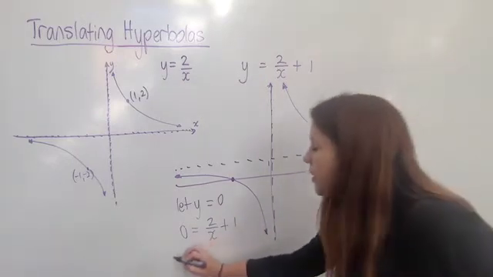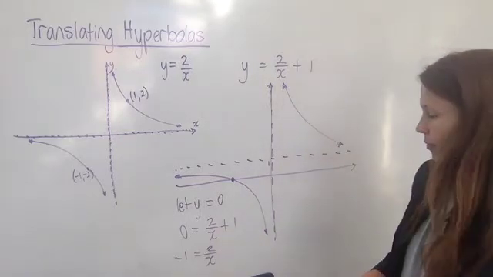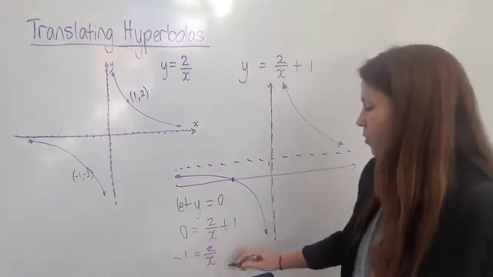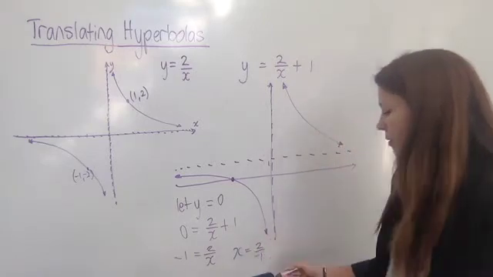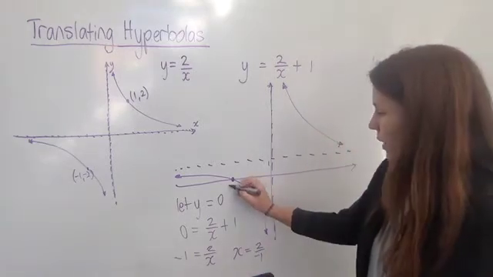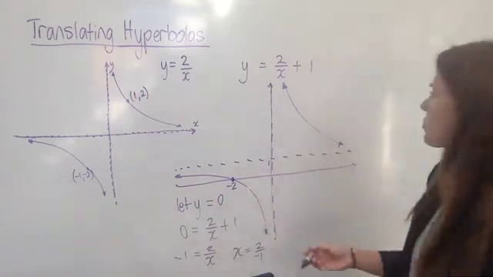Taking 1 off each side, -1 equals 2 over x. And then solving this, x will equal 2 over -1, which is just -2.